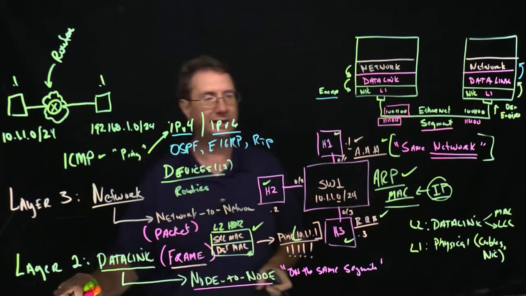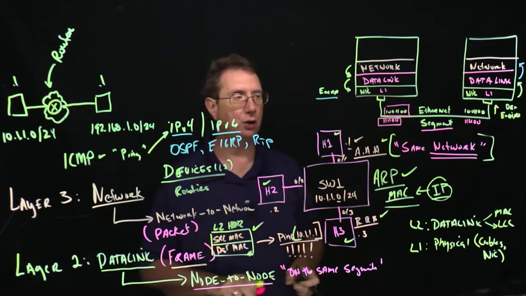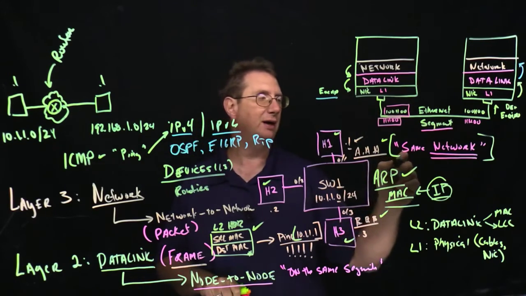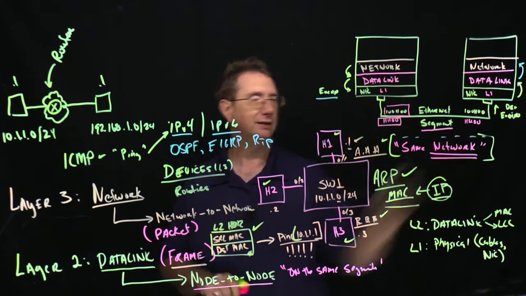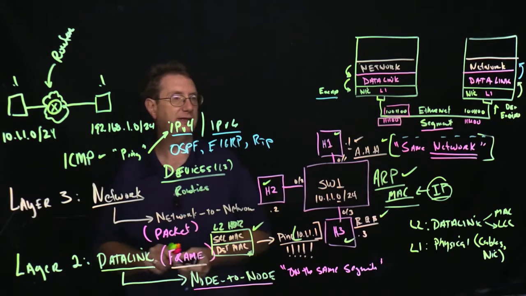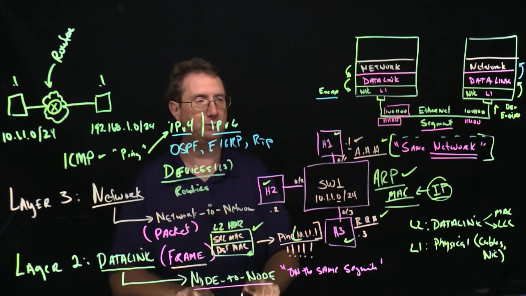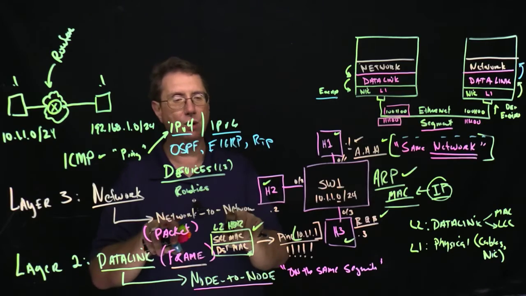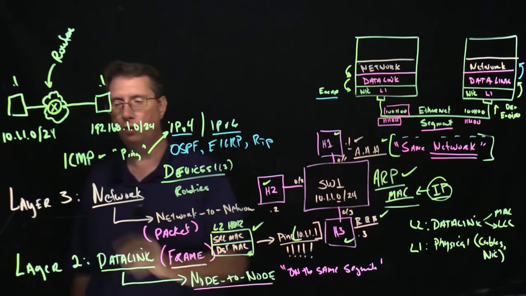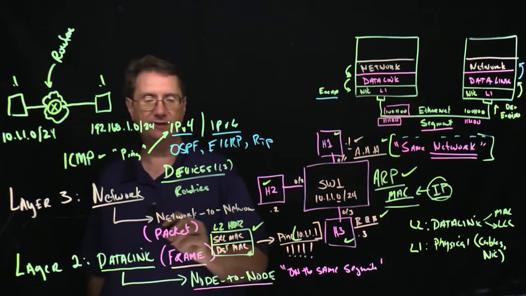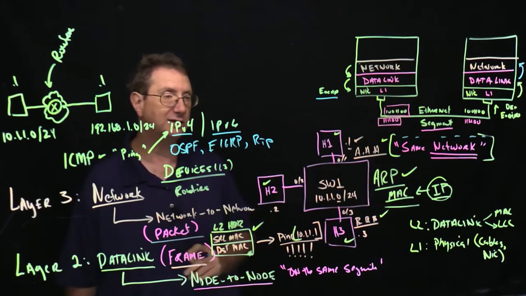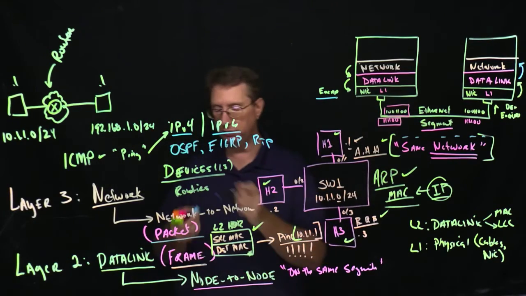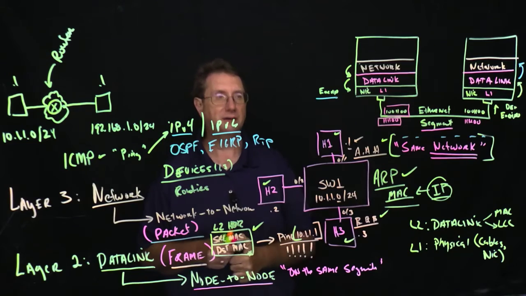Remember, data link is going to be node-to-node communication on the same network segment, because I can resolve reachability to destinations. But if I need to communicate between networks, I need to employ layer 3 network functionality through the creation of packets. And usually I'm going to use a routing device to accomplish that task.